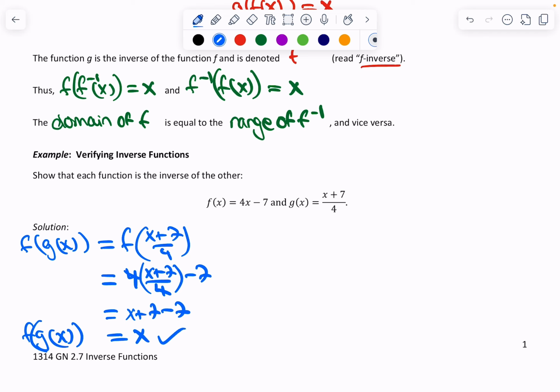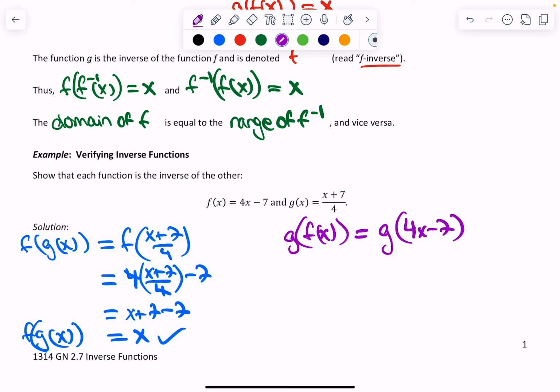Now we're going to go ahead and do the same thing the other way around. So g of f of x. So now if this ends up being an x also, then we know that they are inverses. Okay, so g of f of x is 4x minus 7, and now we're plugging that into g of x.